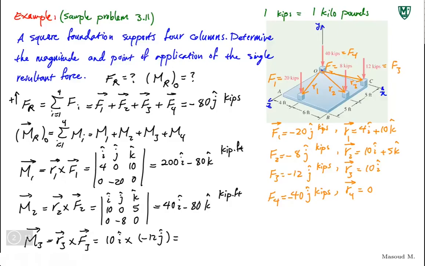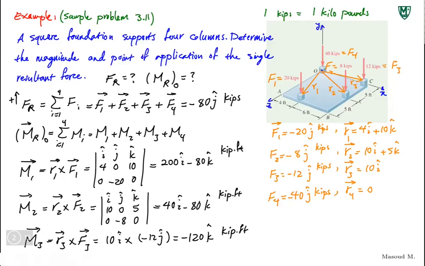It's going to save some time. 10 times 12 is going to be 120, minus 120. I cross j gives you k. Remember that unit circle drawing. I cross j, you're going counterclockwise. I cross j gives you k, and it's positive. So that negative comes to the final answer. Kip feet.